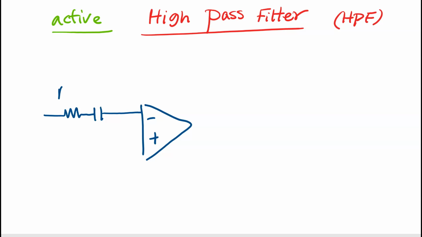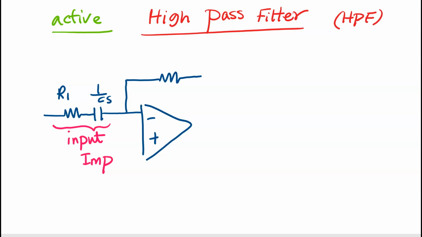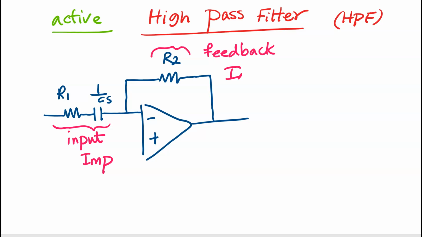So I have R1 and 1 over CS as my input impedance. And then my feedback impedance is going to be a single resistor. So what I have here is my feedback impedance.